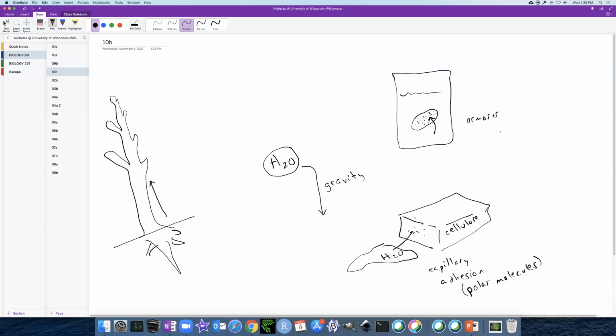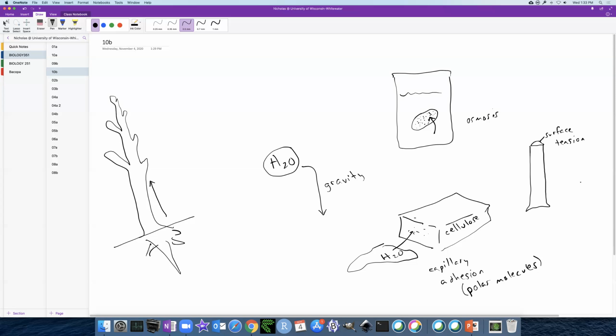So a variety of these different features cause water to move around. I guess one more I can illustrate here, as long as I'm drawing pictures for you. If you fill up a cup or graduated cylinder with water, that water can form a bulge on the top through the property of surface tension that holds those water molecules together, above the surface where they would normally flow out of the top of this container.